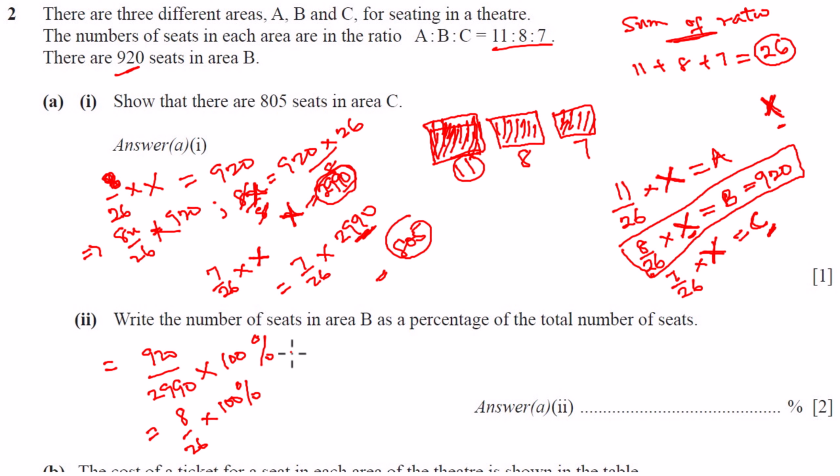So for this first one, I got 30.769%. If you do the same thing for the second one, you must also get the same answer. 8 divided by 26, it must give you the same answer, and that is 30.769. So to three significant figures, that is simply 30.8%. The percent is already written here. You don't need to put percentage here again, since the percentage is already written for you here.